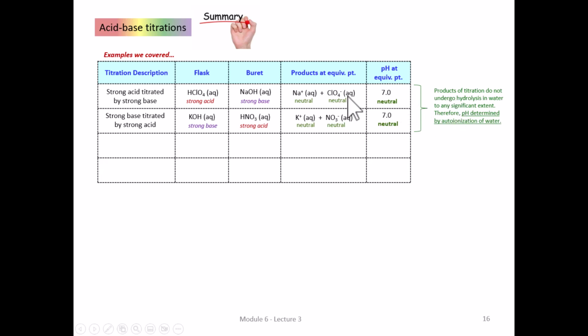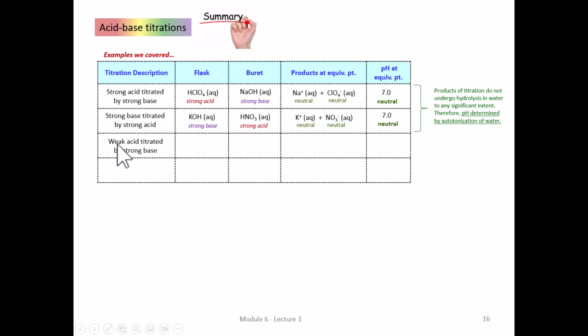So these products in both of these titrations, these strong acid, strong base reactions, do not undergo significant hydrolysis in water, and so the pH is 7. In other words, the pH is determined by the autoionization of water.